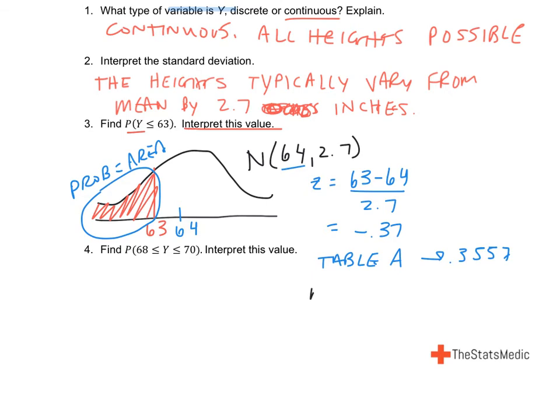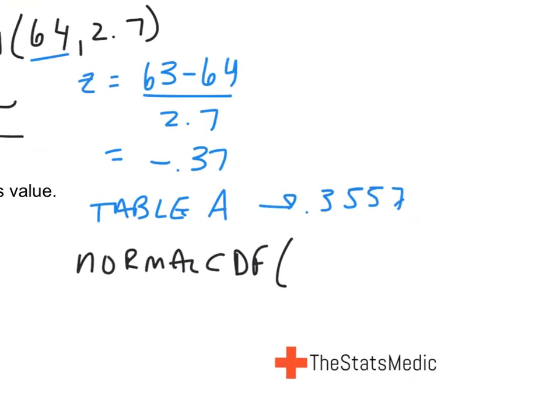The other way that you could do it, remember, would be to use your normal CDF, and you need to label it. So normal CDF on your calculator. And you would have to put in your lower value because we're calculating below, and the value that we're going to, which was 63. You'd have to put in your mean. You'd have to put in your standard deviation. You would have to label every one of them.